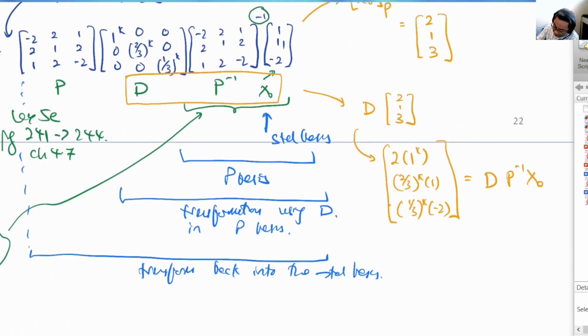You realize that as k tends to infinity, these values tend to 0.